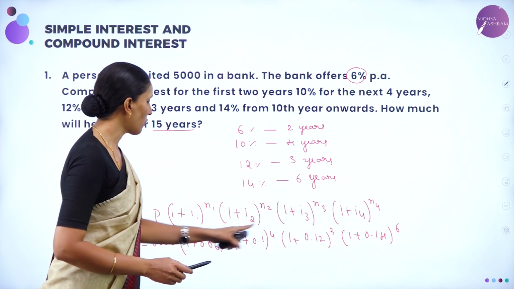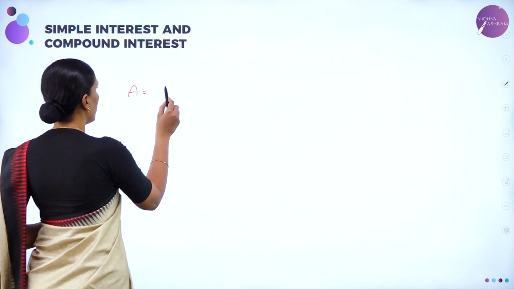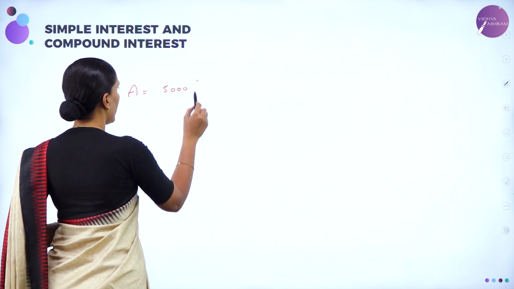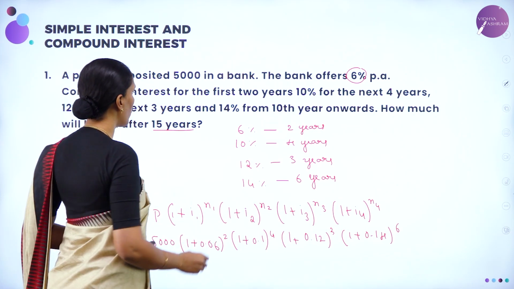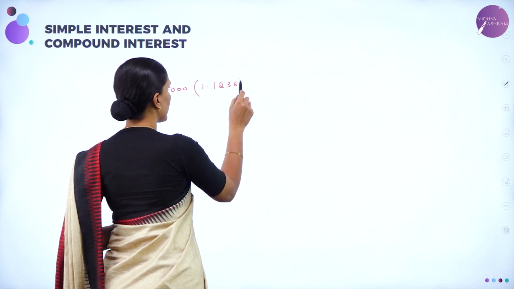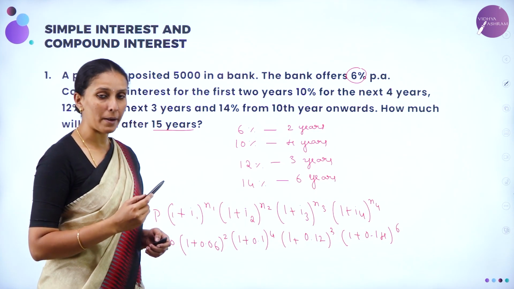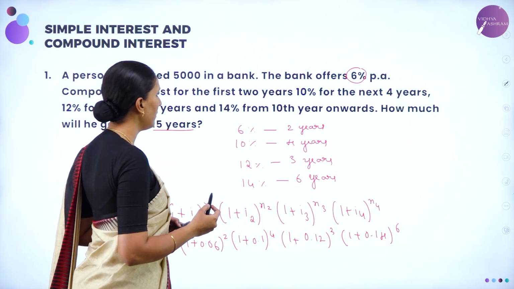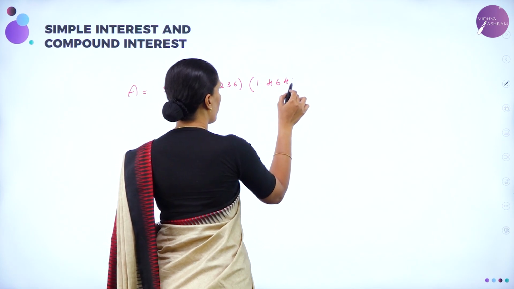Now simplifying these values and taking the product of all the values, we'll get the amount as A is equal to 5,000 into 1 plus 0.06, which means 1.06 whole square, whose value is 1.1236. Next term is 1.1 whole power 4. Multiply 1.1 four times, then the value is 1.4641.